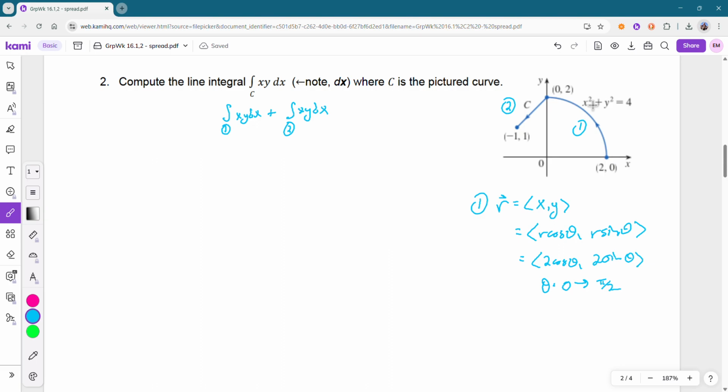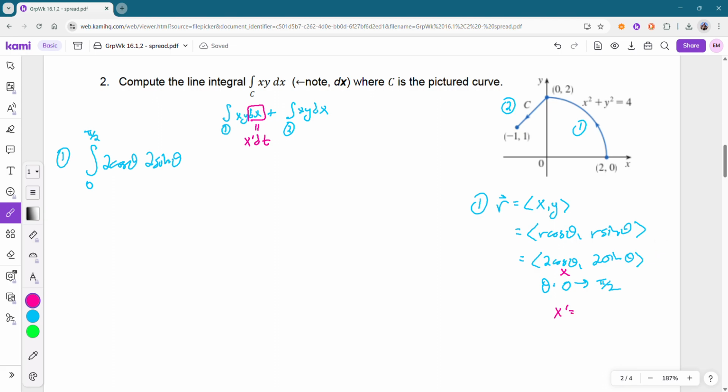And our integral here then is going to translate to the integral from 0 to pi over 2. X is 2 cosine theta, y is 2 sine theta, and our dx differential, right? We're looking at our x from our parameterization, and we are taking its derivative. So this becomes x prime dt, where our particular t is theta, since that's our parameter.